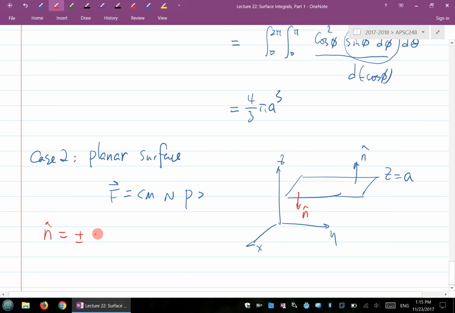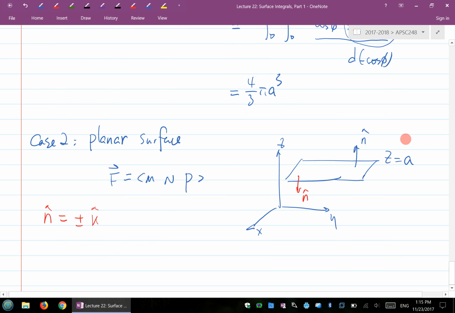It's k hat, right? That's your unit vector for the n hat here, which is basically k hat in the z-axis. You can write it as 0, 0, 1 for the n hat. And then dA, the small area. You take an infinitesimal small area.